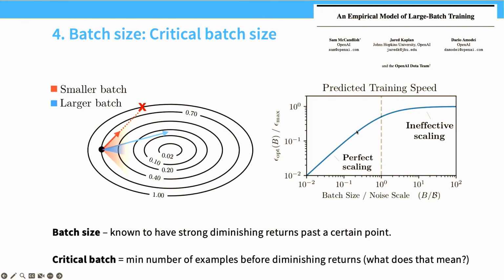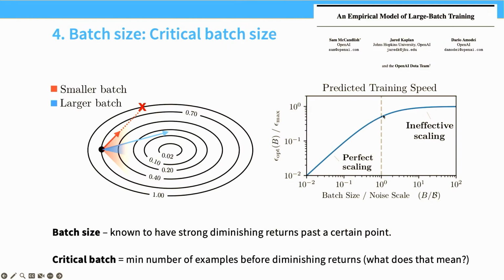In the noise limited regime, every additional element in your batch reduces the gradient noise in your SGD step, and since you're variance limited, that reduction in variance is very helpful. That gives you big returns. This is the regime in which you have perfect scaling. You're doing about as well as you can given the amount of extra examples that you're processing.